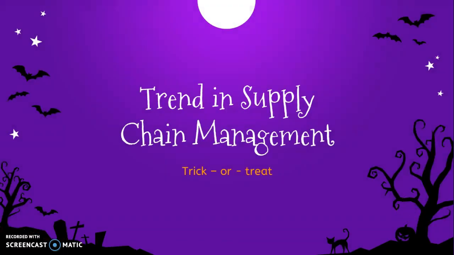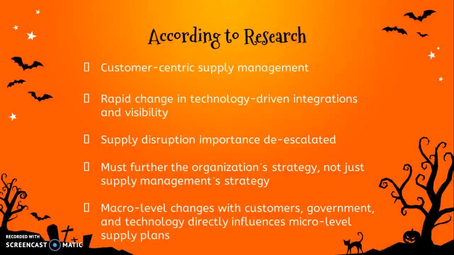Okay, and what are the trends in supply chain management? What is going on? What's going to happen 5 years from now? The management of supply chains has changed significantly. Ten years ago is completely different.